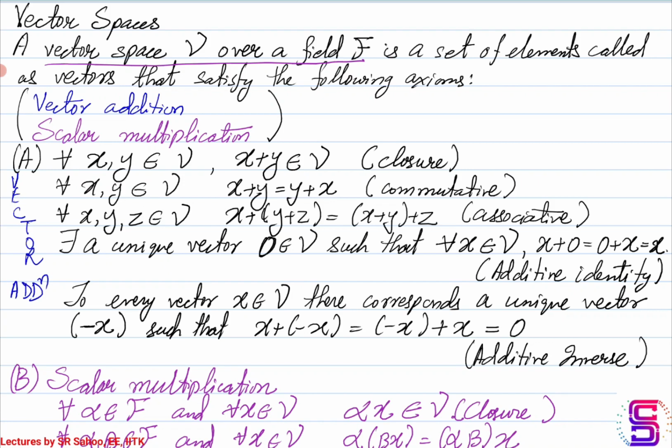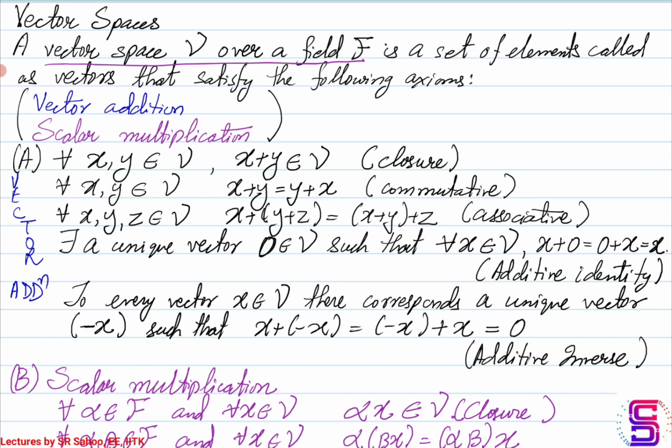The first set of properties is with respect to vector addition. You have closure in the set V: you take any pair of vectors from V, and their addition will always result in a vector back in the set V. Vector addition is commutative: if you take any pair of elements x and y from V, x plus y will always equal y plus x.